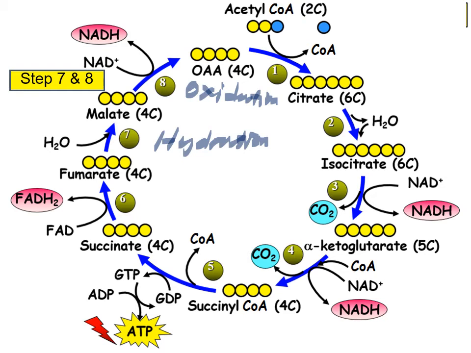So malate oxidized maksudnya berlakunya removal of 2 hydrogen atom, and the 2 hydrogen atom is accepted by the NAD+. So NAD plus is reduced to NADH plus H plus. Oxaloacetate is regenerated, and binds with the second acetyl coenzyme A molecule. So the cycle will continue.